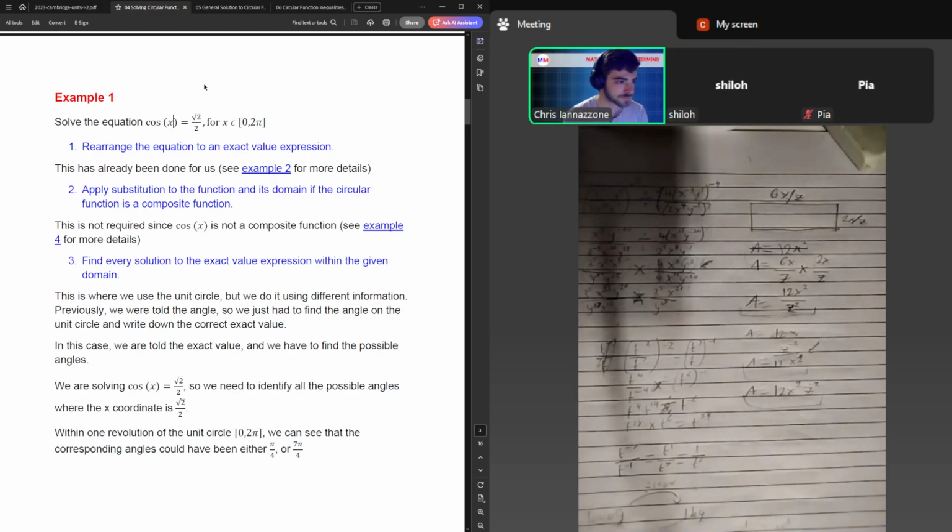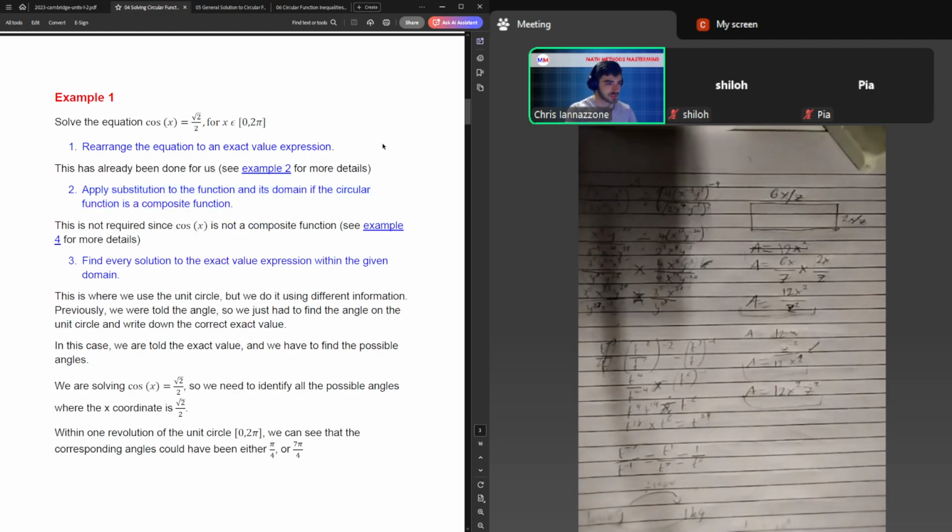First, make sure you have what's referred to as an exact value expression. That simply means you've got a circular function on one side of the equation and the exact value, or one of the unit circle exact values, on the other side. That's already been done. Root 2 over 2 is one of those values, and cosine is a circular function. We've achieved what we need to do.